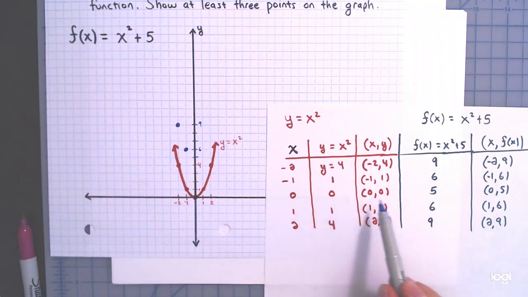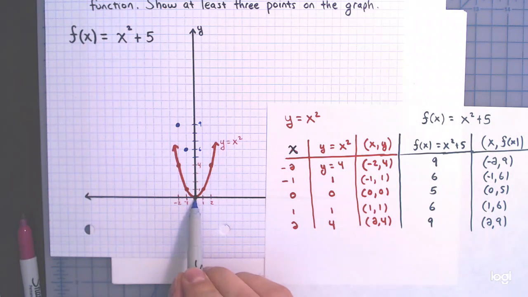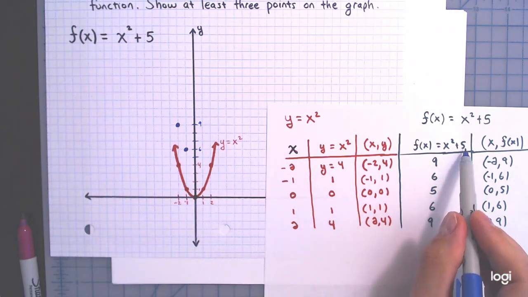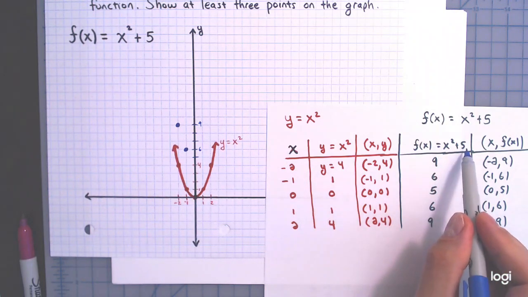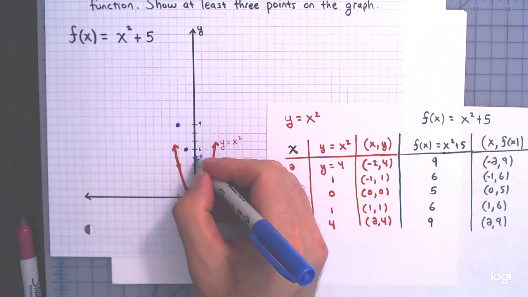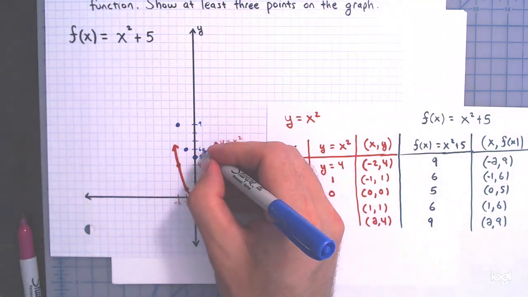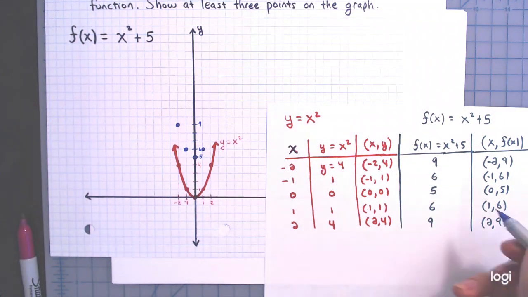Then 0, 5. The original had 0, 0, but the addition of 5 after that original expression just bumps it up to 0, 5. And then 1, 6, and 2, 9.